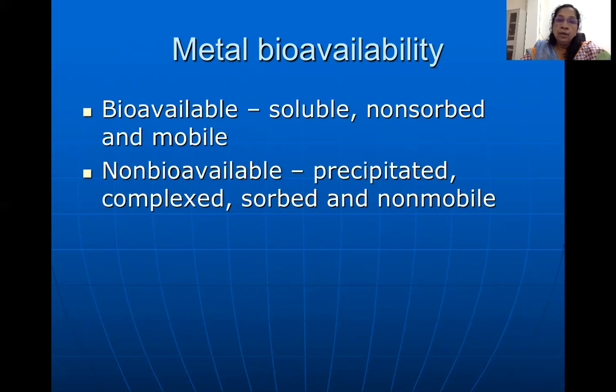Sorbed means they are adsorbed to a surface. And the non-bioavailable forms are mostly in the precipitated form, or in the complexed form and sorbed form, and they will not be mobile.